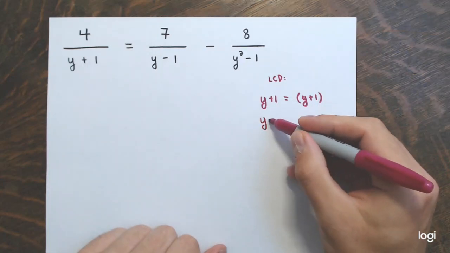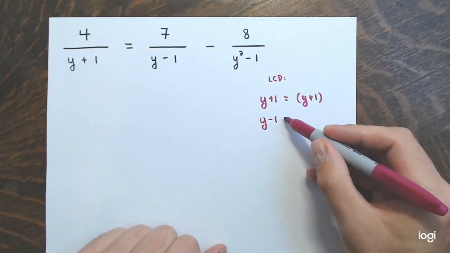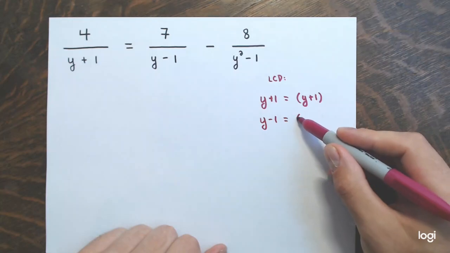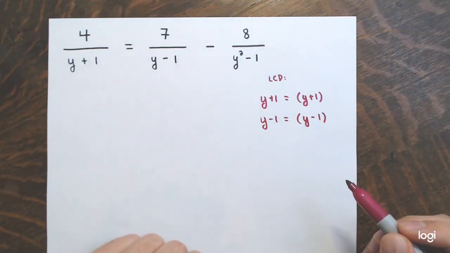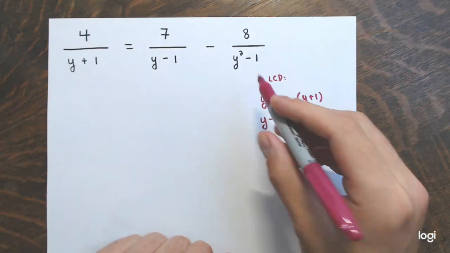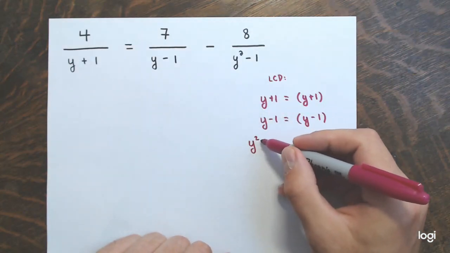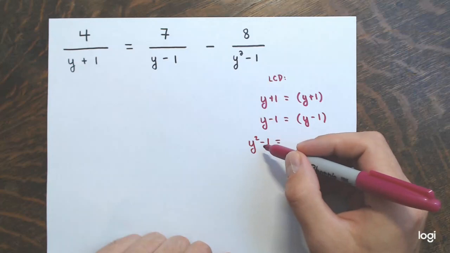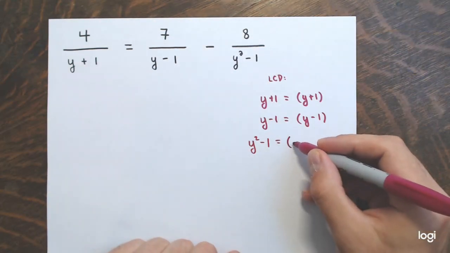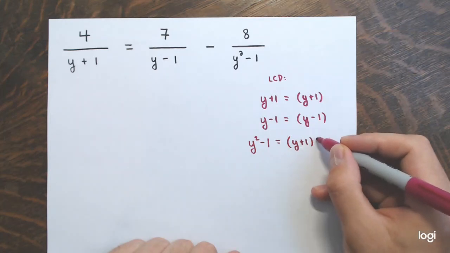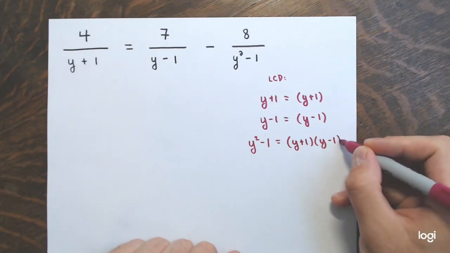Y minus 1, the next denominator, can't be factored any further either, so its only factor is y minus 1. And then y squared minus 1, this is one of those difference of two squares, and that would factor to y plus 1 times y minus 1.